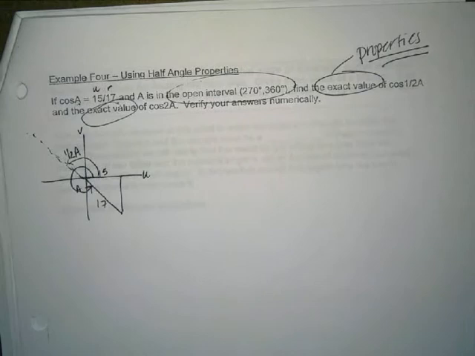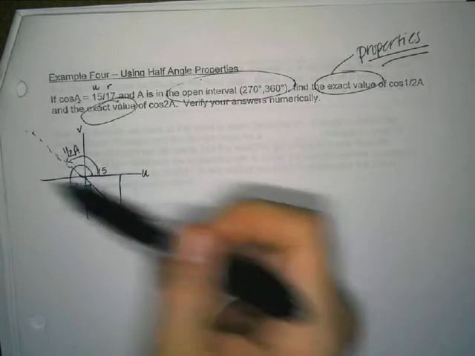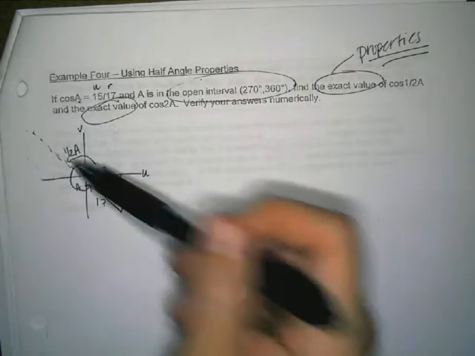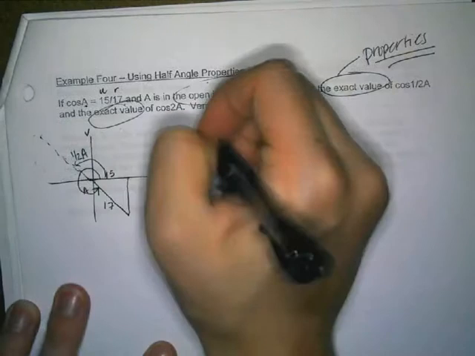If we had the reference triangle in the third quadrant instead, then half of A would be in the first quadrant. If we had the reference triangle here, then it would be in the fourth. So it's just the opposite quadrant. Yep. Alright, let's go with the first one. Cosine of 1/2 A.